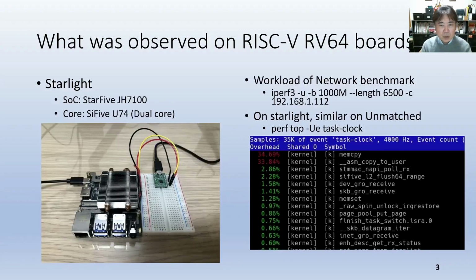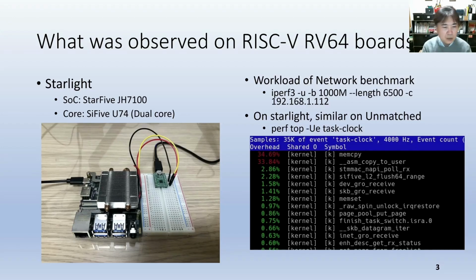Okay. All the discussion today is pretty much similar for the Starlight board and the Unmatched board, because both use the SiFive U74 core. Today's slides are mostly based on results from the Starlight board, because it's a smaller footprint on my disk.